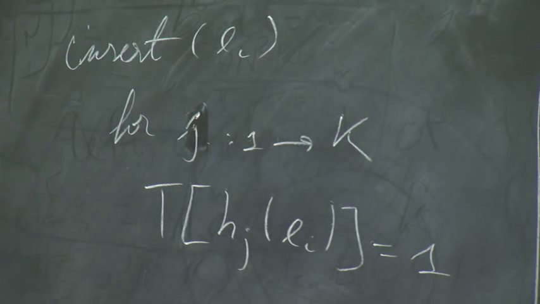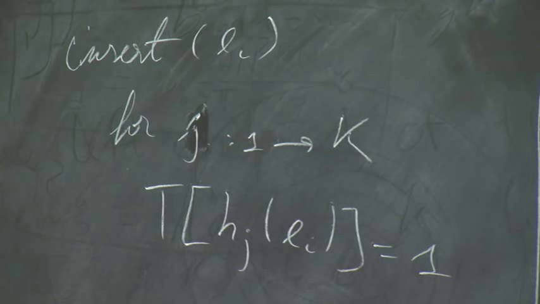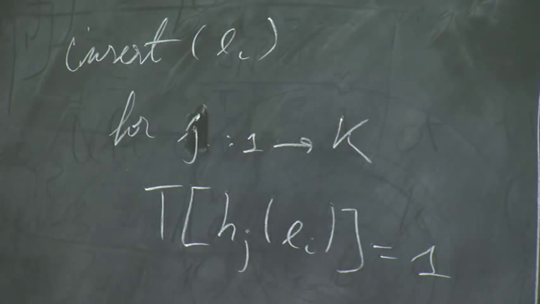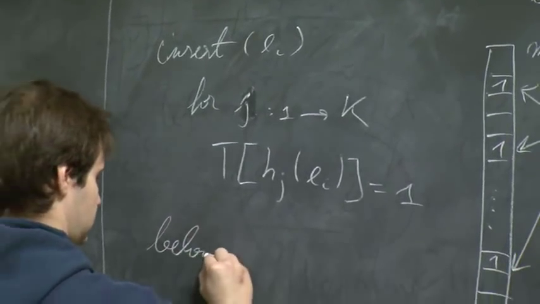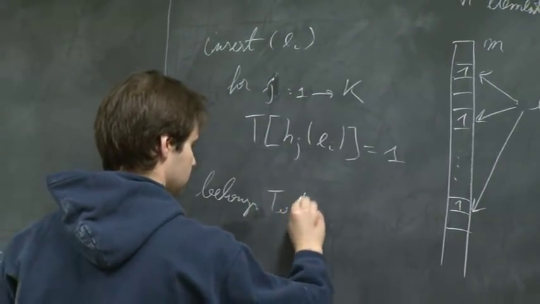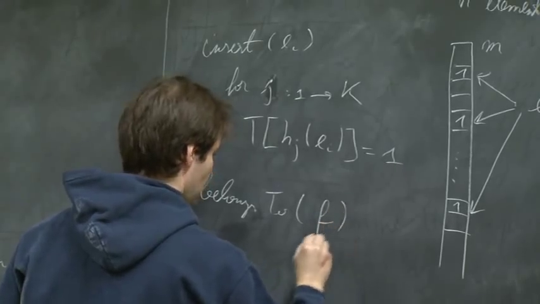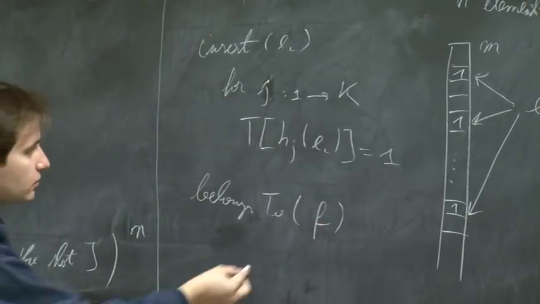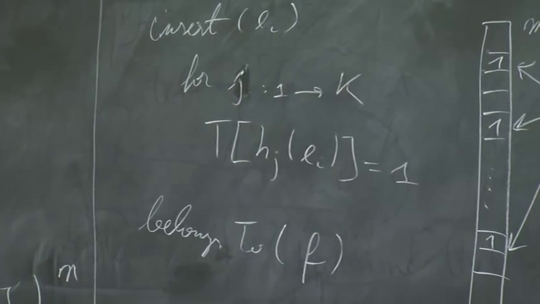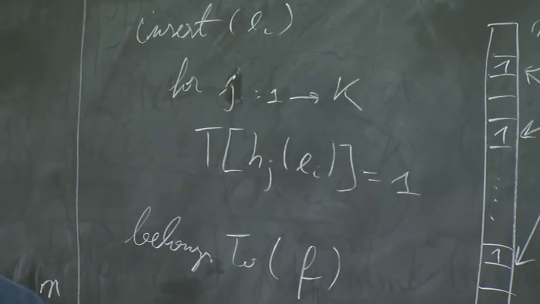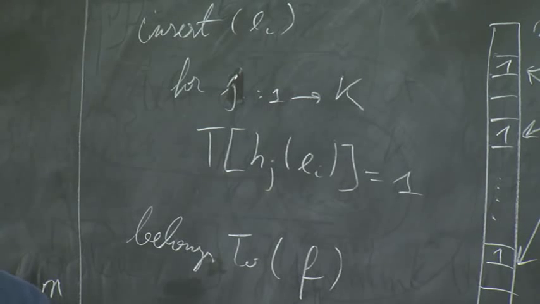Now, how do we check if an element is in the table? Since for every element we set all the corresponding k bits to 1, when we have a new element, we compute the k positions. If any of them is a 0, then we couldn't possibly have put that in the table.